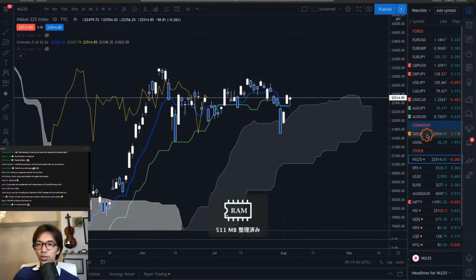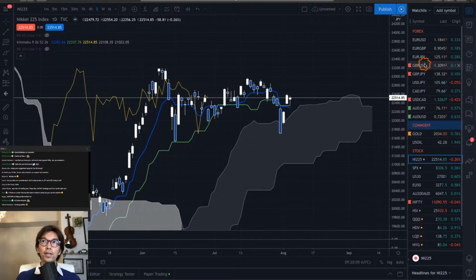Good morning. Do you use the same time schedule for exiting trades? For exit, it's different, because whenever I exit, it's whenever the line goes flat. So for exit timing, I stick to the chart. I mean, I don't really stick to the chart 24 hours, but I come back to the chart at times.